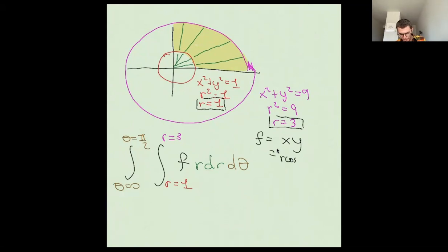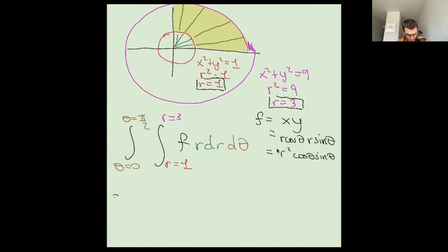You get r cosine of theta times r sine of theta, which is r squared cosine of theta sine of theta. Is that okay? So really, the integral that you have to do is the integral from 0 to pi over 2, from 1 to 3, of r squared cosine of theta sine of theta times r d theta.